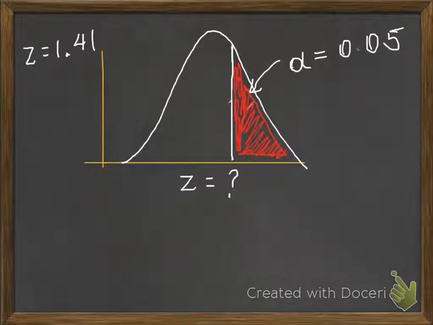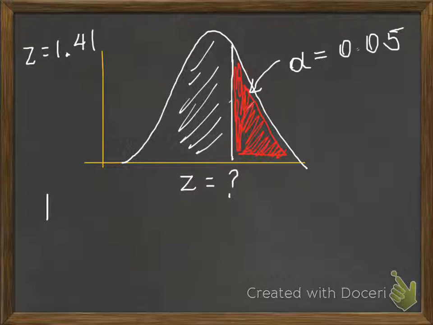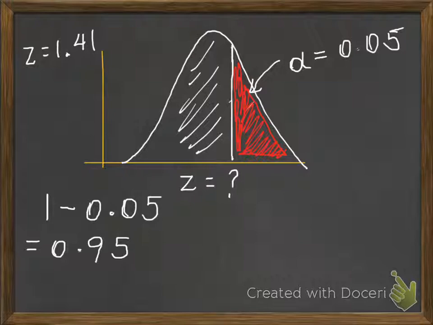Remember, we need to use table A2, and table A2 only gives areas to the left of z-scores. So to obtain the z-score, we have to find the area over here, and that is the total area, 100%, minus the area on the right, and that is 0.95. Now if you look at table A2, the closest value to 0.95 is 0.9505.